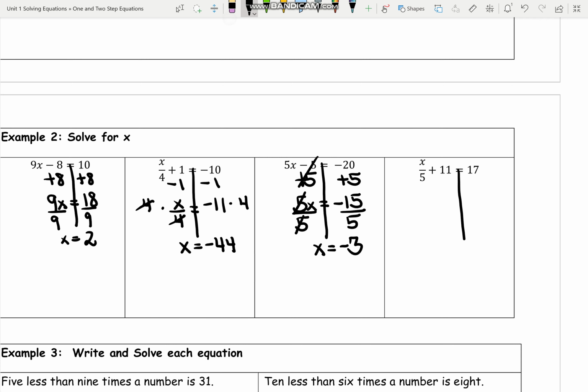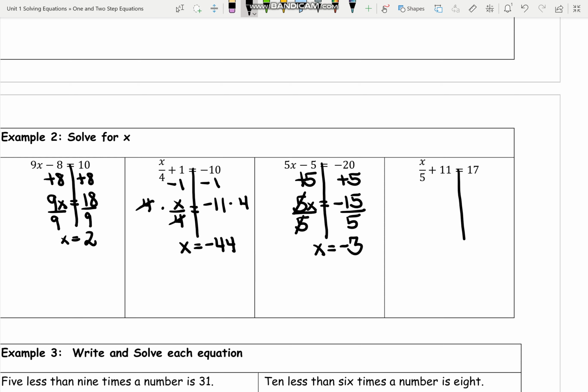And again, negative 5 times negative 3 is negative 15. Negative 15 minus 5 is negative 20.